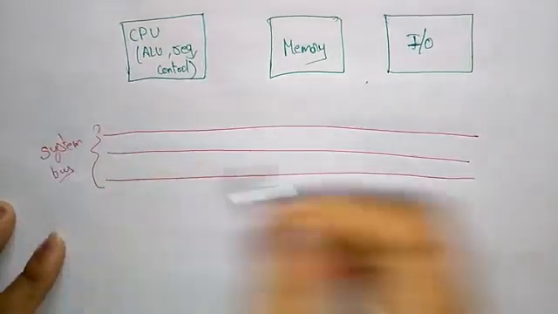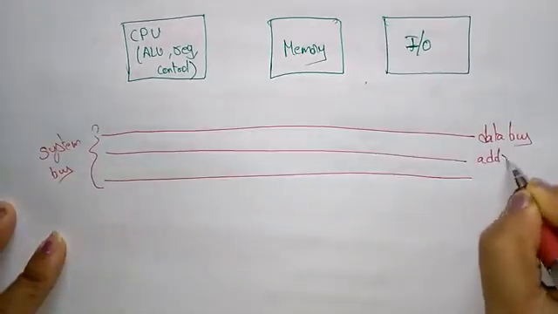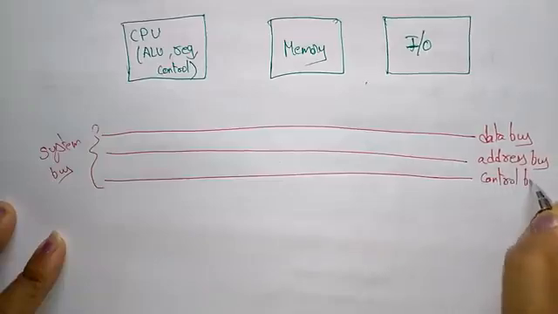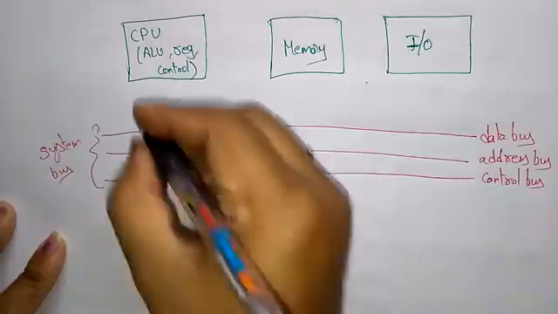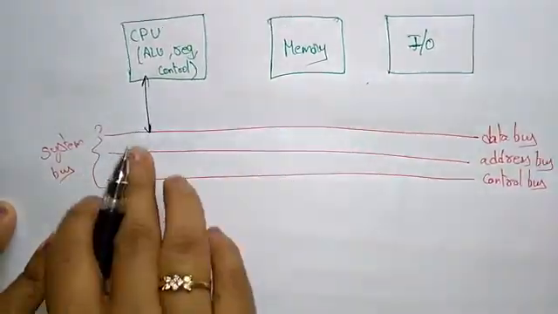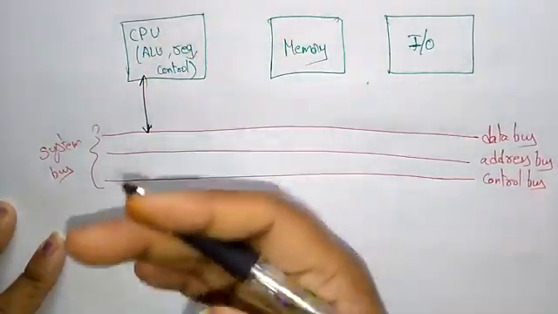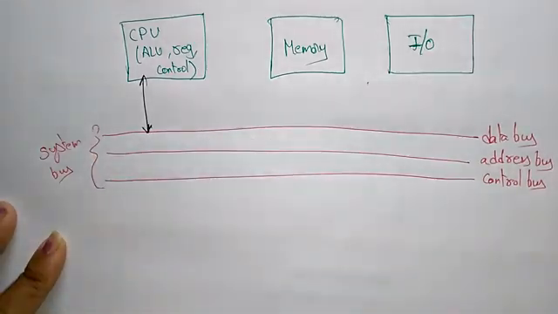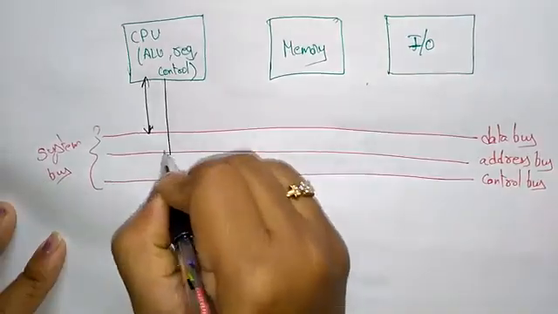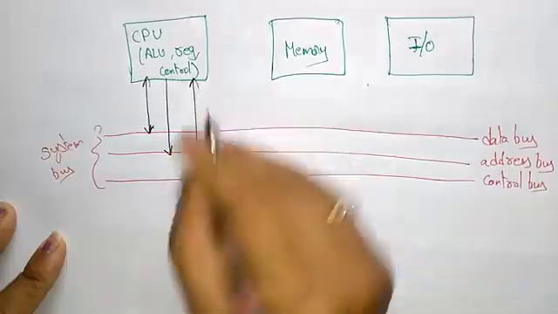A system bus has a data bus, address bus and control bus. This system bus is connected to the CPU. So this is the data bus. A data bus is bidirectional. Data is sent from the CPU to other devices, and from other devices to the CPU and memory. The address bus is unidirectional, whereas the control bus is bidirectional.